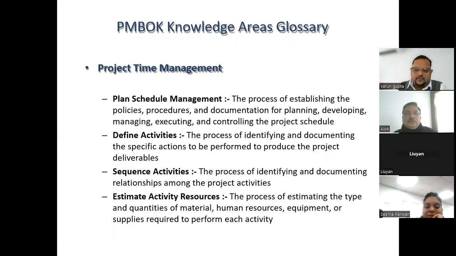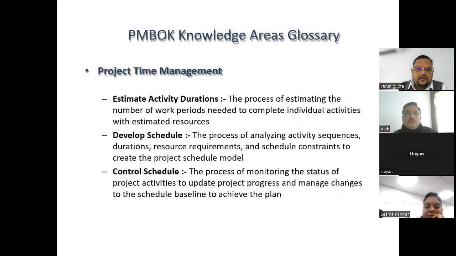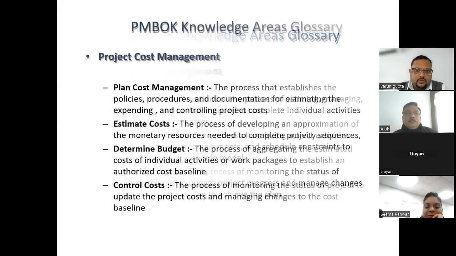Then the resources have to be given for each activity, and the duration, whether it's 1 day, 2 days, 10 days, whatever, has to be given for each activity. Then finally your schedule gets developed. After this, you will control the schedule, which gives you the tracking. You have to do the tracking for the schedule.